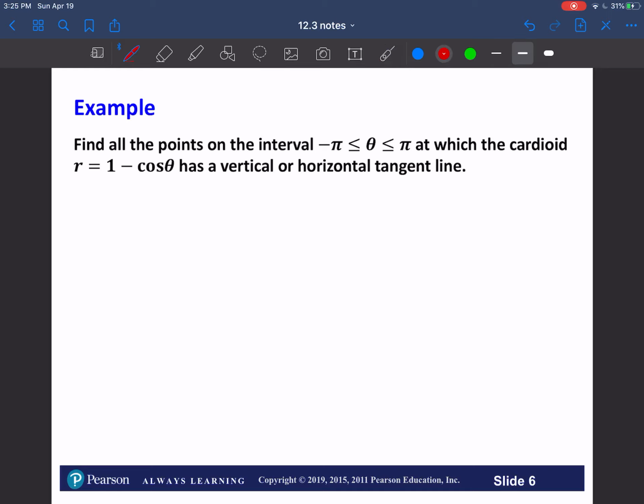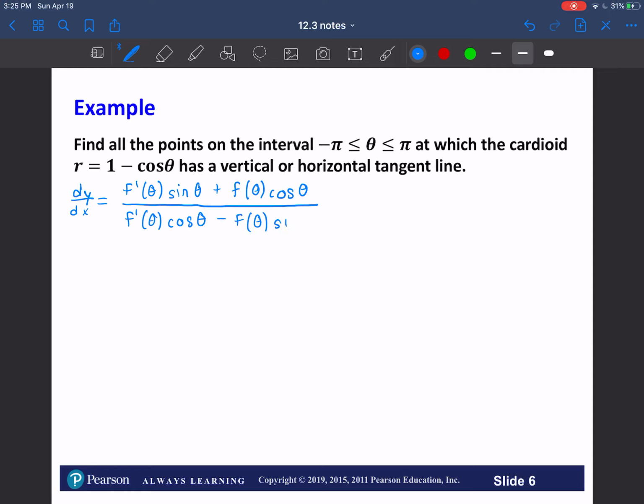So let's go ahead and calculate the tangent line slope. So dy by dx, once again, we're going to write out that it's f prime of theta sine of theta plus f of theta times cosine theta divided by f prime of theta cosine theta minus f of theta sine of theta.